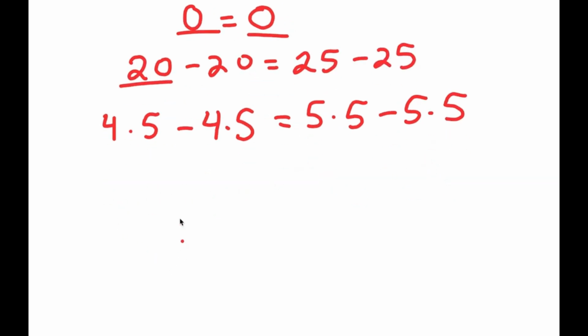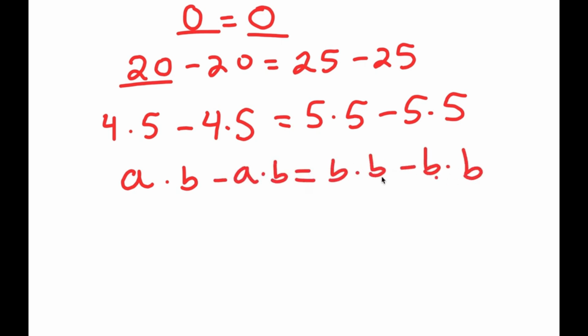And now, if I have something in the form a times b minus a times b is equal to b times b minus b times b, which is this form, well, notice how we can simplify this by factoring out the greatest common factor.